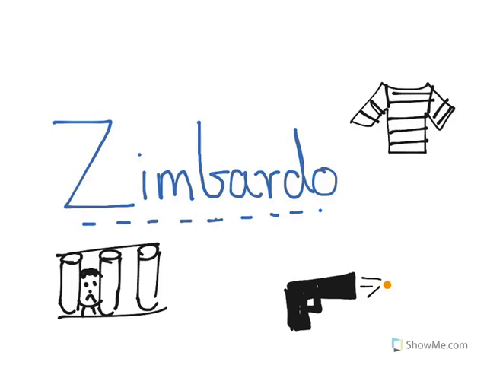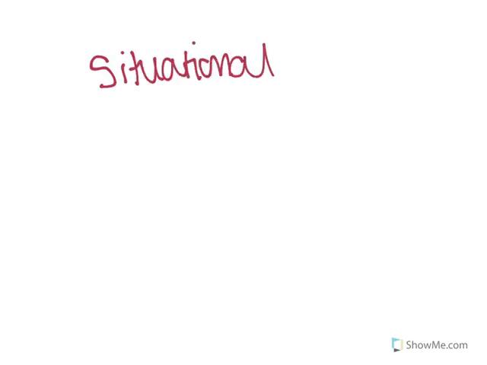Anyways, today I am going to talk to you about Zimbardo's experiment, and Zimbardo was testing conformity to social roles. There are two explanations of behaviour, one is dispositional and one is situational. Zimbardo was acting on the situational explanation of behaviour.